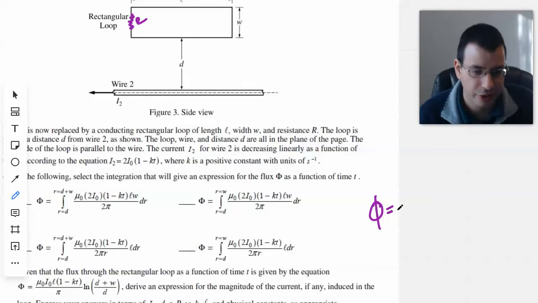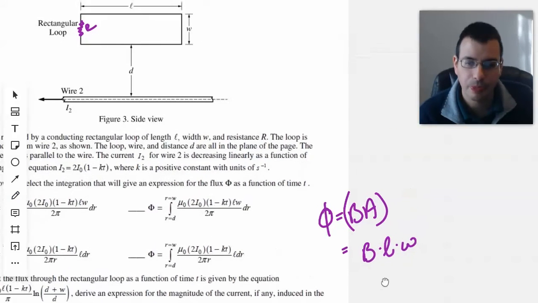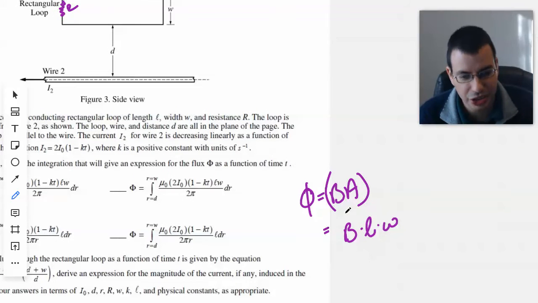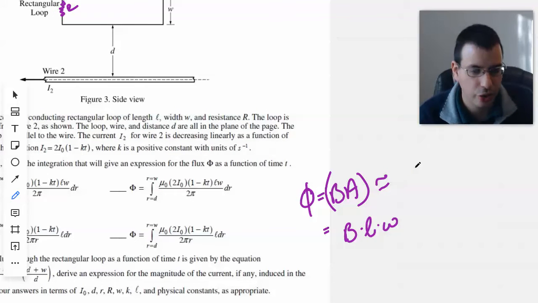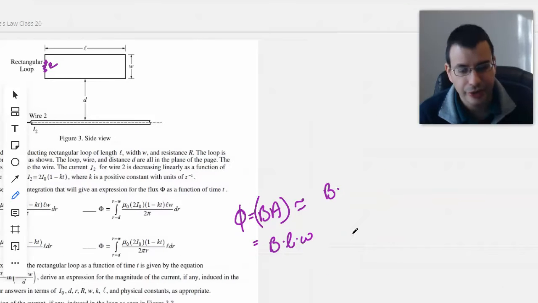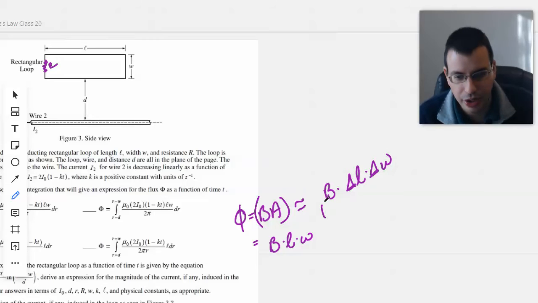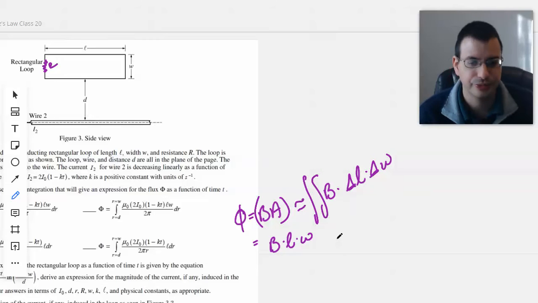So flux equals B times A, which equals B times length times width. But B changes over that length times width. So it'd be more like, actually, it'd probably be more like delta L, delta W, and then you do a double integral.